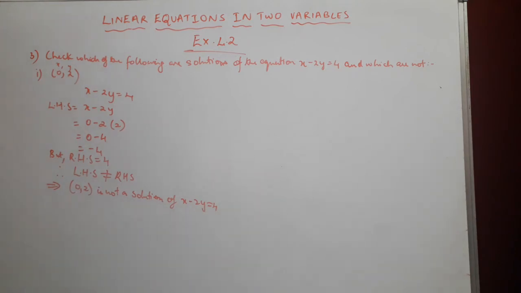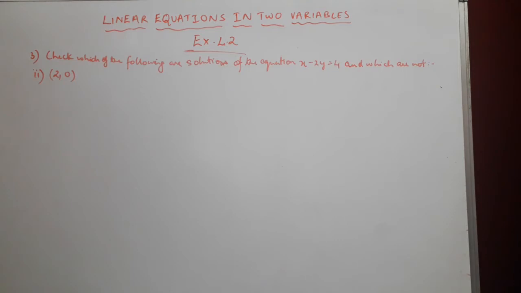So this is how we need to check whether the given coordinates are solutions of the equation x minus 2y equal to 4 or not. Let's go to the next problem. The next question given is 2, 0. So the linear equation will remain the same, x minus 2y equal to 4.